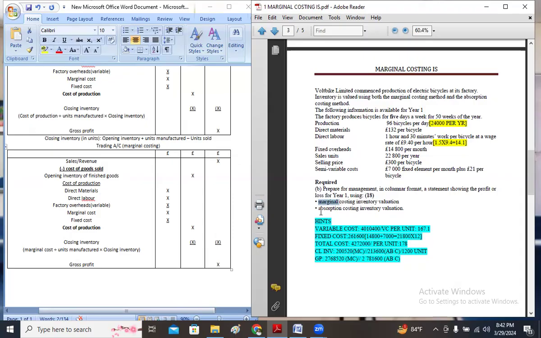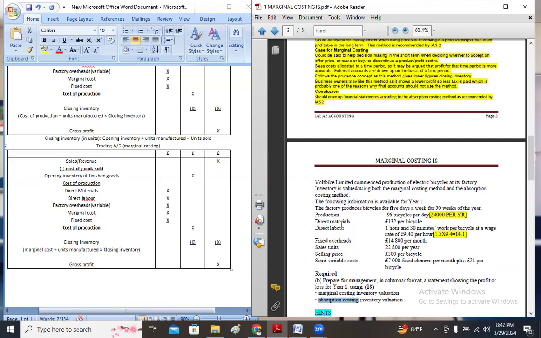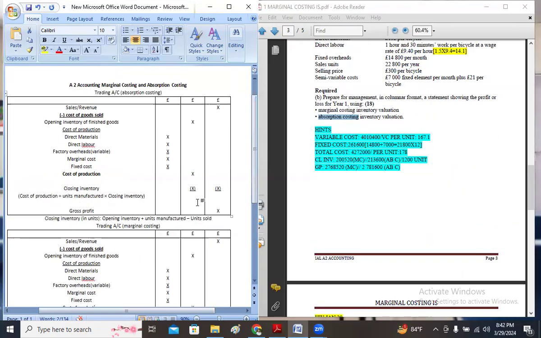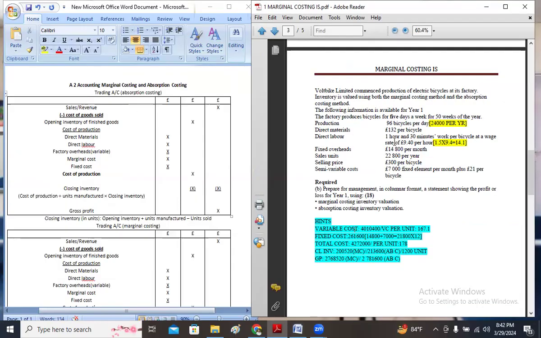So now you are asked to show a profit and loss under both absorption and marginal costing. As I said, almost everything will be the same. So let's start with absorption. So sales is, as you can see, 22,800 per year, at 300. So 22,800 multiplied by 300.